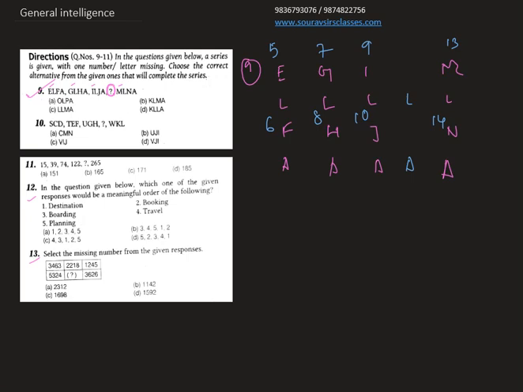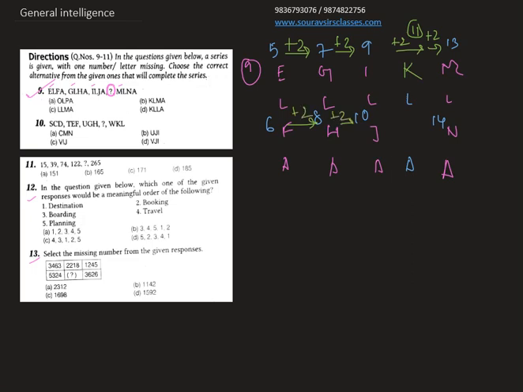Now as we can see, if we add 2 to the previous number, then we get the next one. Therefore in the fourth position we have 11, and the 11th alphabet is K, and if we add 2 to 11 we get 13. In here we also have the same pattern.